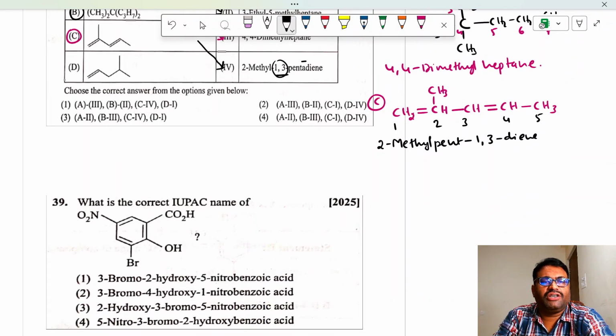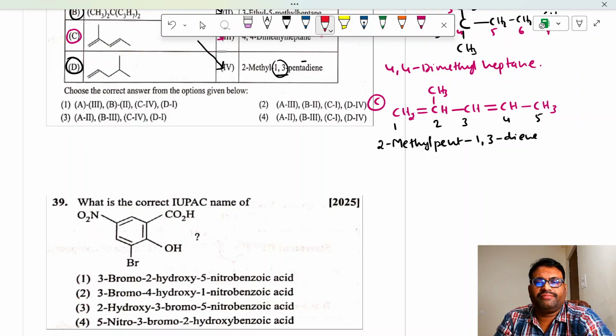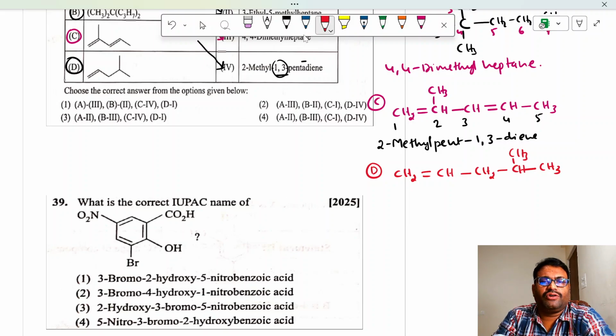Let us move to the D option. Okay, coming to D, CH2 double bond CH, right? CH2, C, CH3, CH3. So numbering 1, 2, 3, 4, 5, because the double bond gets the least position.